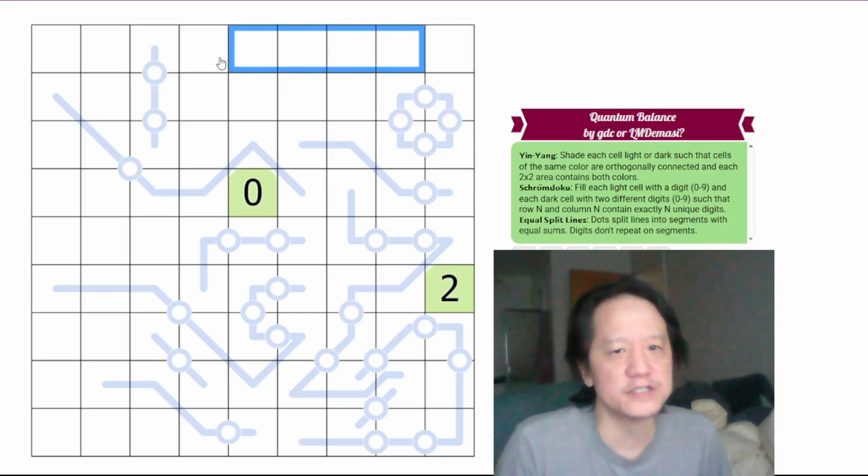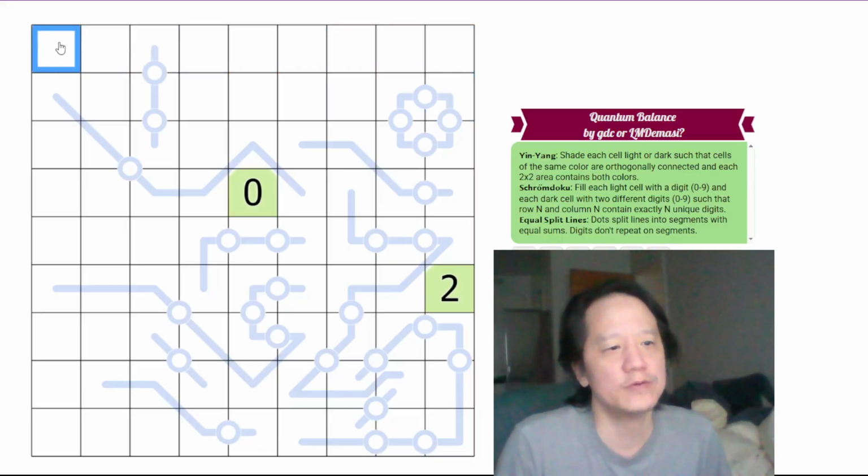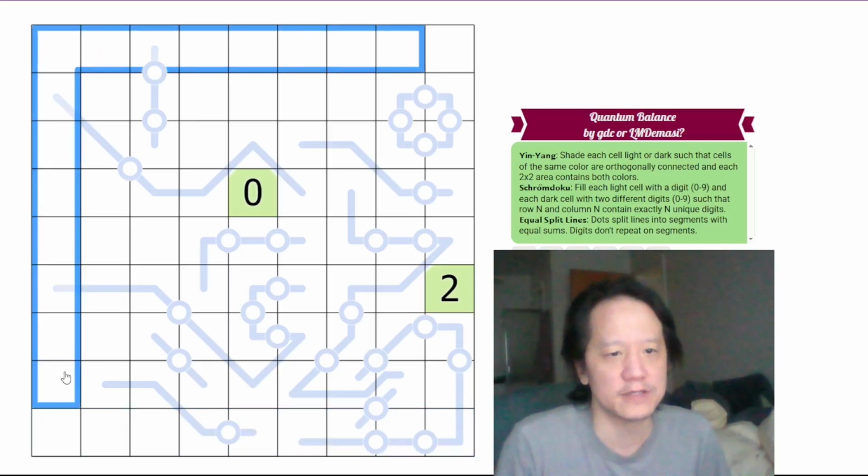Now, the thing about yin-yang shading is if you swap from one to the other, you can only swap one more time along the edge of the grid. So let's make this blue.